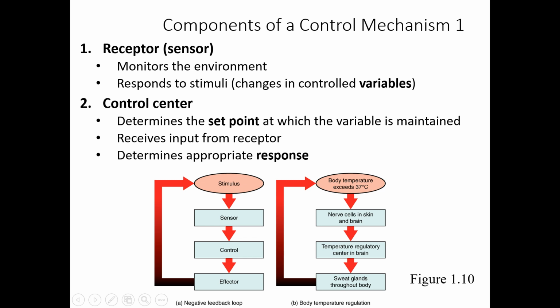In another case, our normal body temperature is 36-37 in Celsius. So if body temperature goes above 37, like it becomes 39, receptors send information to the control center, brain, about it. Then brain has to do something to return that body temperature back to normal.